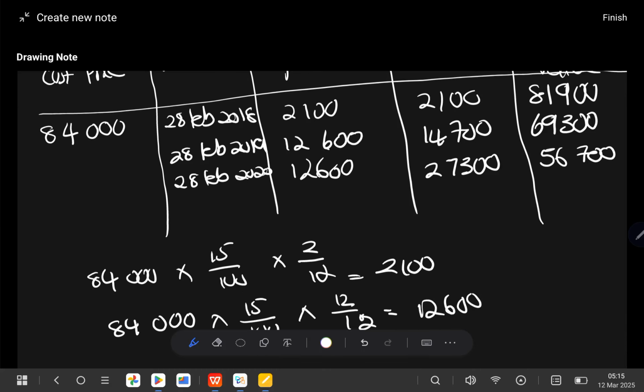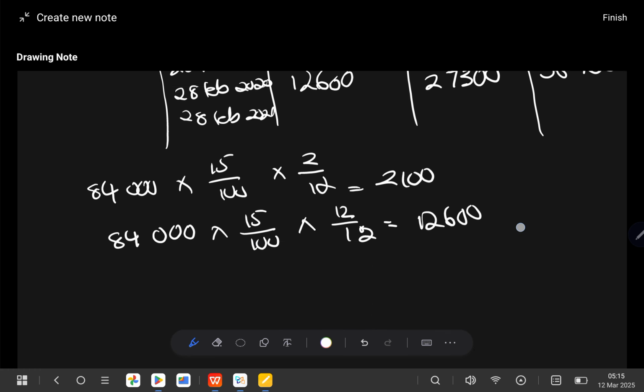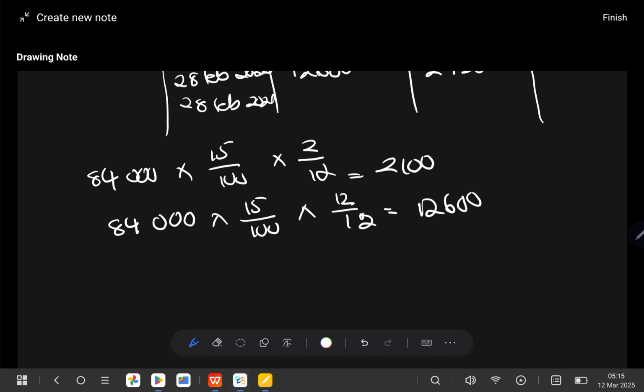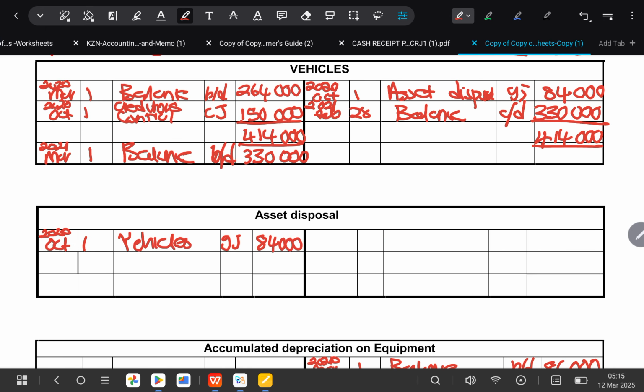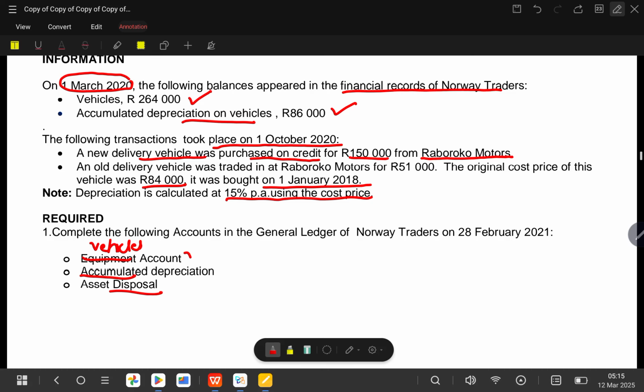Now on the year that ended 28 February 2021, something different will happen here. So let's check, when was this particular asset sold? They said they sold it on the 1st of October.